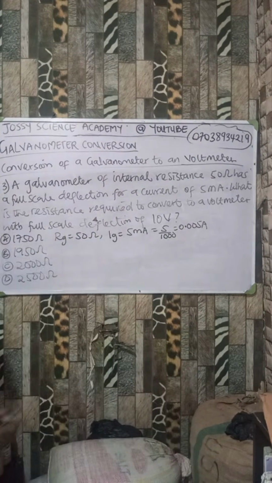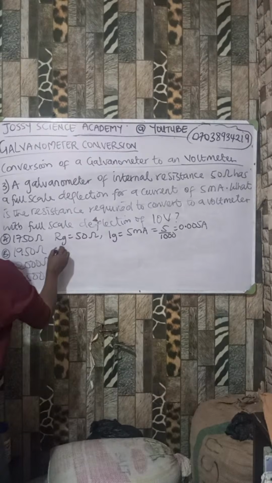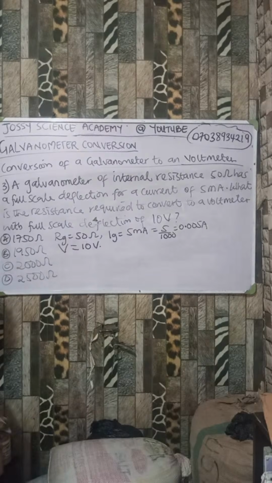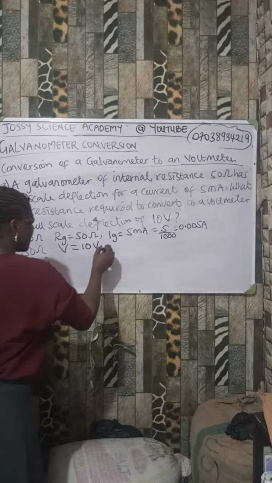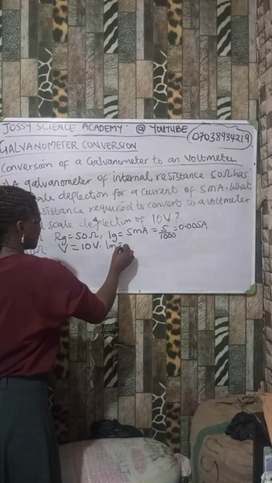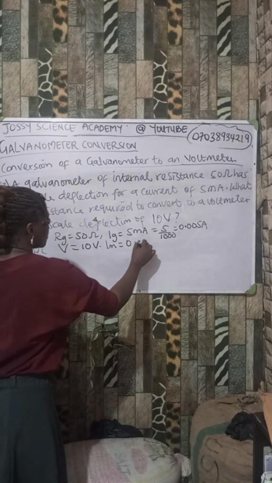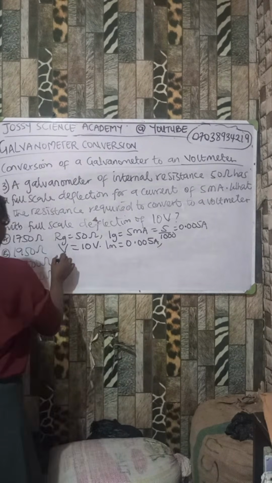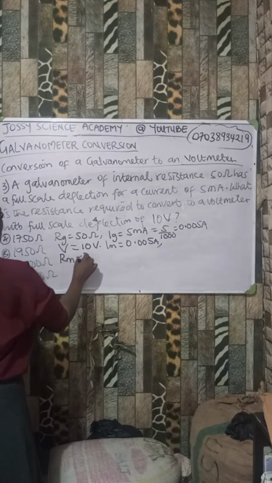What is the resistance required to convert it to a voltmeter with a full scale deflection of 10 volts? So the PD in the circuit is 10 volts. But you must note that in this context, the same current that flows through the galvanometer flows through the multiplier. So I will say that Im is equal to 0.005 amperes. We are looking for the resistance of the multiplier.